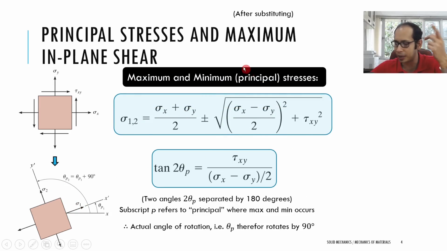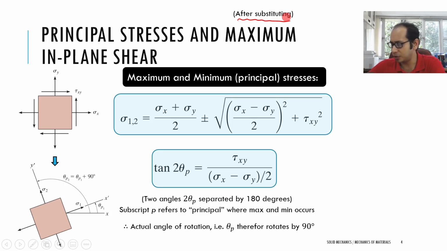Now if you go back and substitute this tan 2 theta p into the general expressions for sigma x prime and sigma y prime, which we wrote out in the previous lecture, remember that for the principal direction, sigma x prime becomes sigma 1 and sigma y prime becomes sigma 2.